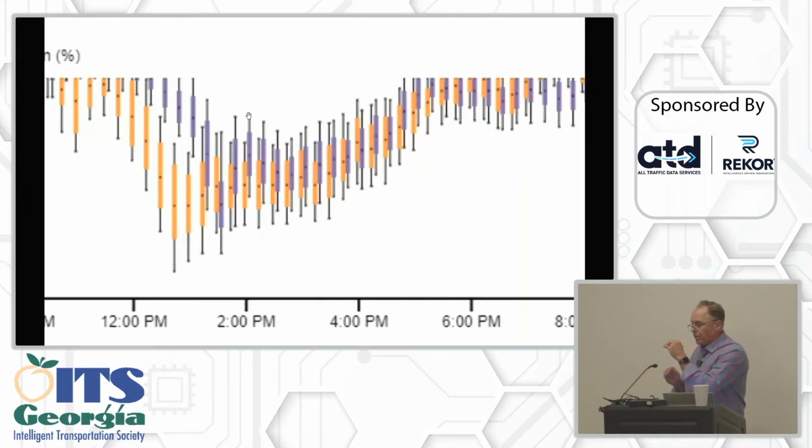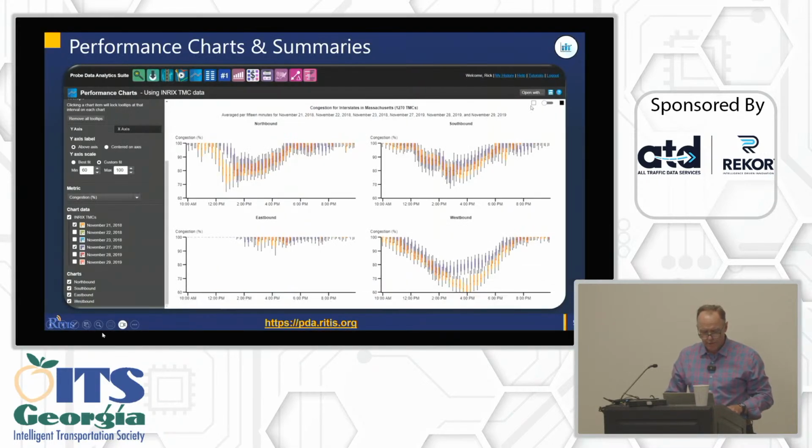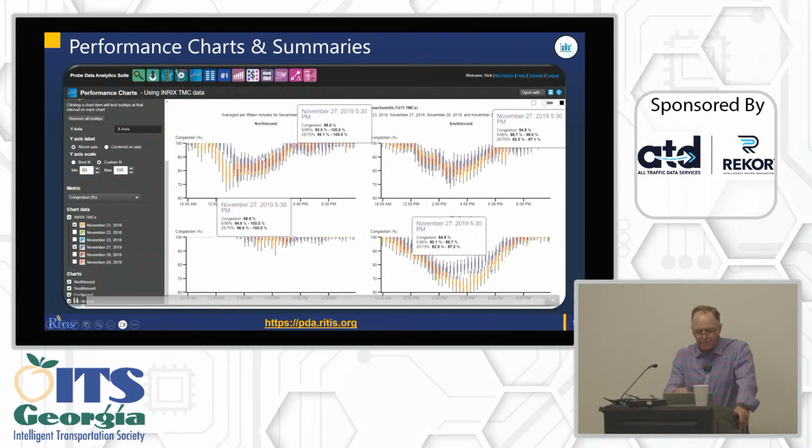If you need that 85th percentile value, this is the only place you're going to get it out of the box. If you hover over any of these elements, it gives you the values for the 5th, 95th, 25th, and 75th, and you can perform your own assessment from there.